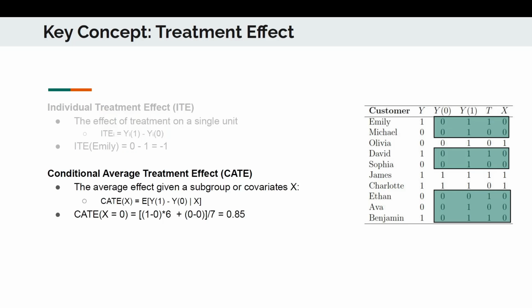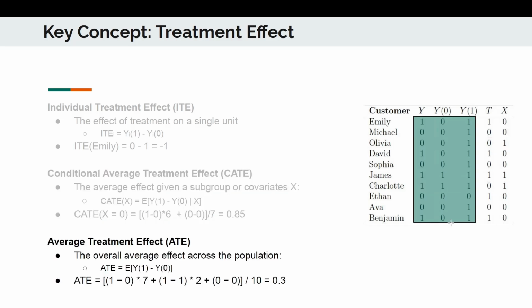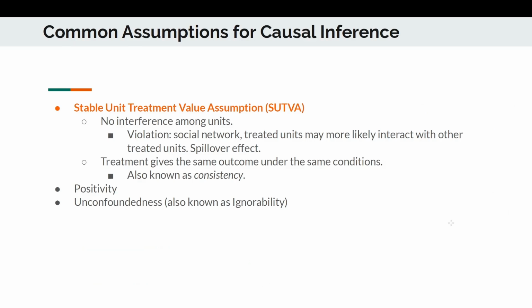When we aim to understand the average treatment effect of a subgroup that we condition by X, we use the conditional average treatment effect. And as you can notice, we condition on the variable X. And the average treatment effect is the overall effect across the population that is averaged, which is in the name.